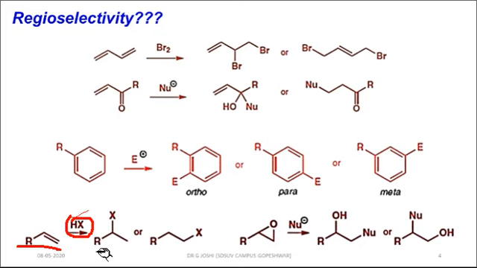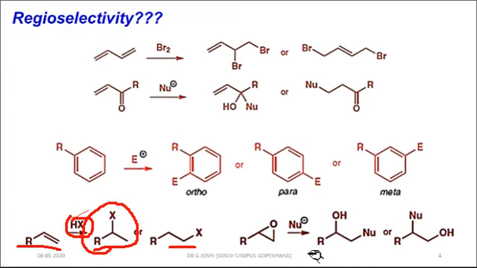In this reaction, when this hydrohalic acid was reacted with an unsymmetrical alkene, it was observed that this product was formed exclusively instead of this, where the negative part of the reagent was added on the carbon which has the least number of hydrogens. So this is an example of selectivity, particularly regioselectivity in addition reactions on the carbon-carbon double bond.